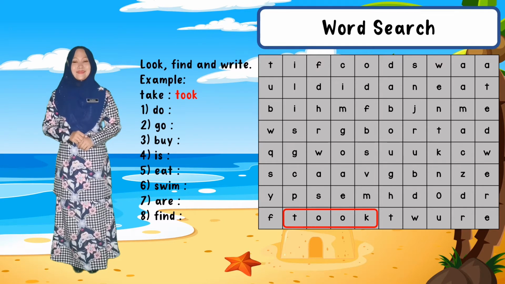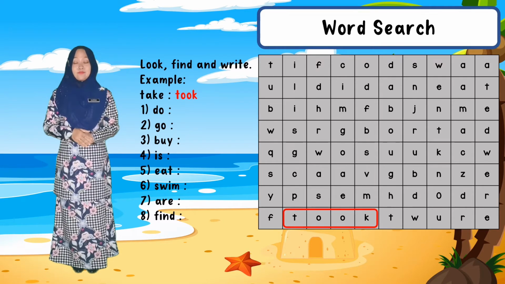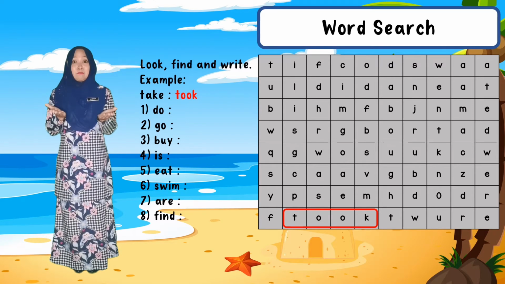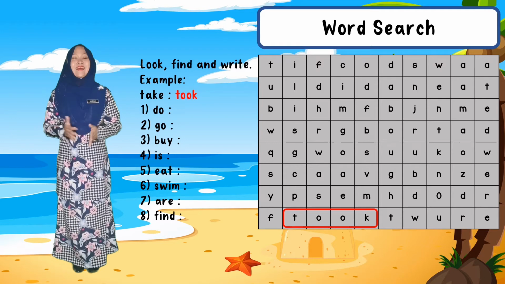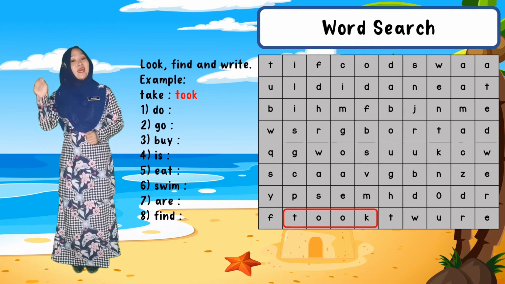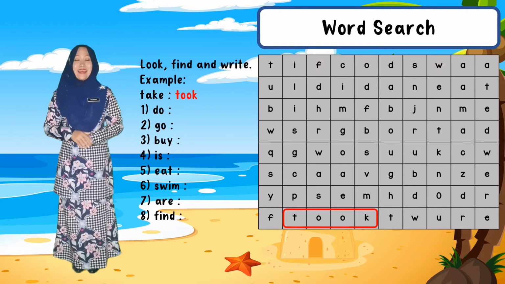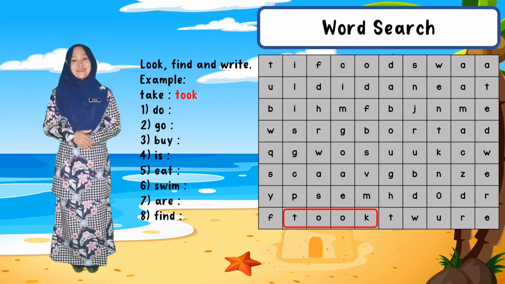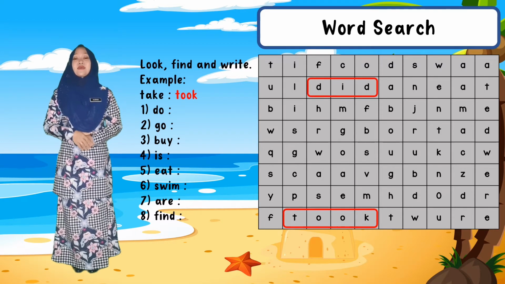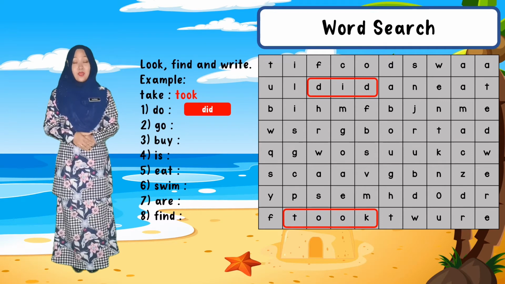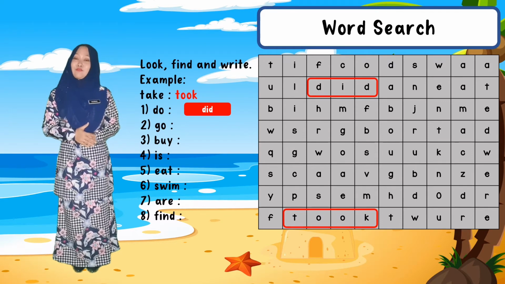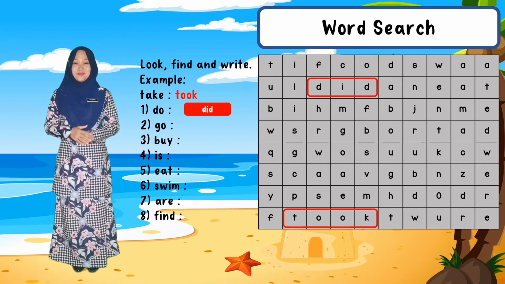Number 1. Do. Where is the past tense form of the verb do? The answer is from left to right. That is did. Verb number 2. Go. Where is the past tense form of the verb go?